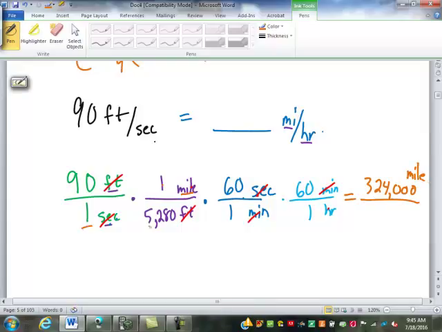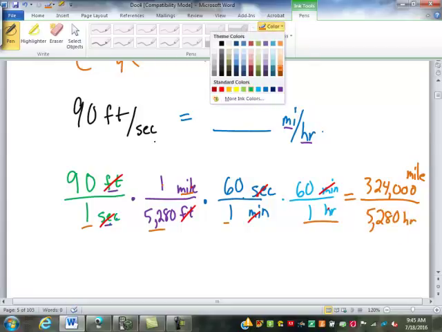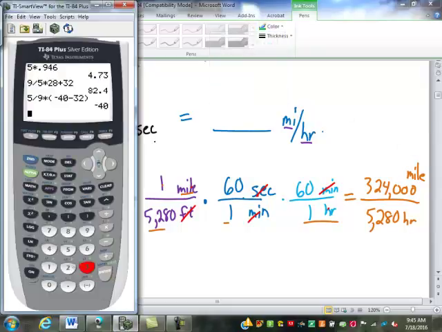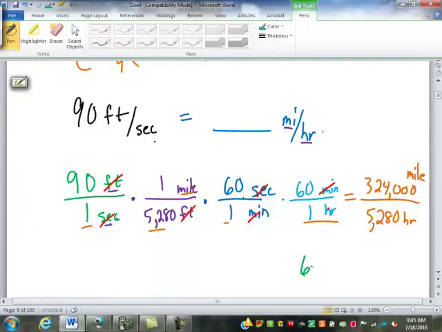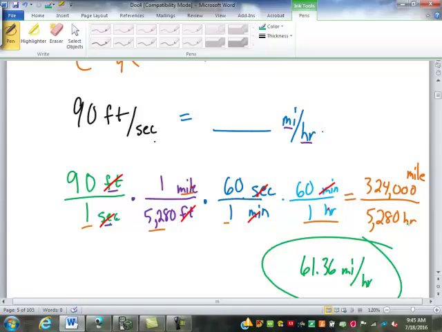Over down here is just 1 times 5,280 times 1 times 1 hour, so it's 5,280 hours on bottom. So I have to divide that out now. 324,000 divided by 5,280 gives us 61.36. That'll be in miles per hour. So that's only 61.36 miles per hour.